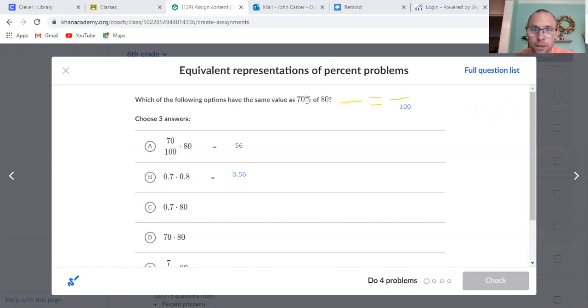So 70 is with the percent. I know 70 is the percent because it's with the percent. So I've got is over of. Of goes right here. Of 80. And then on top of 80 is what I'm trying to figure out. This is what I don't know, what's on top of 80.